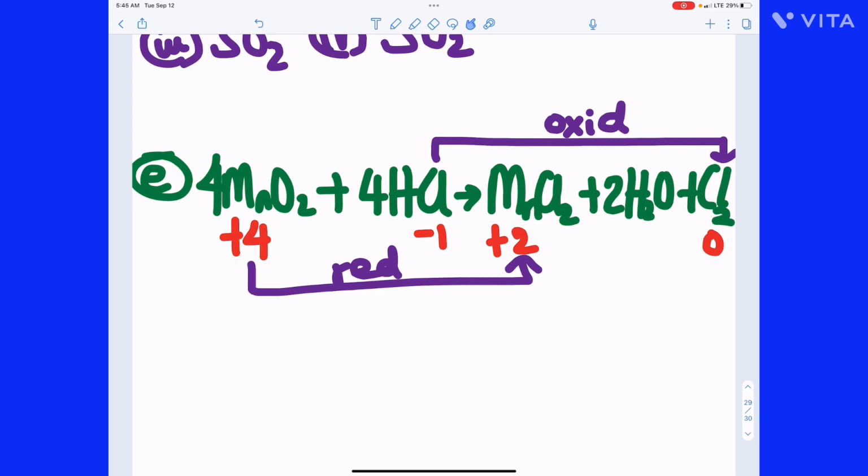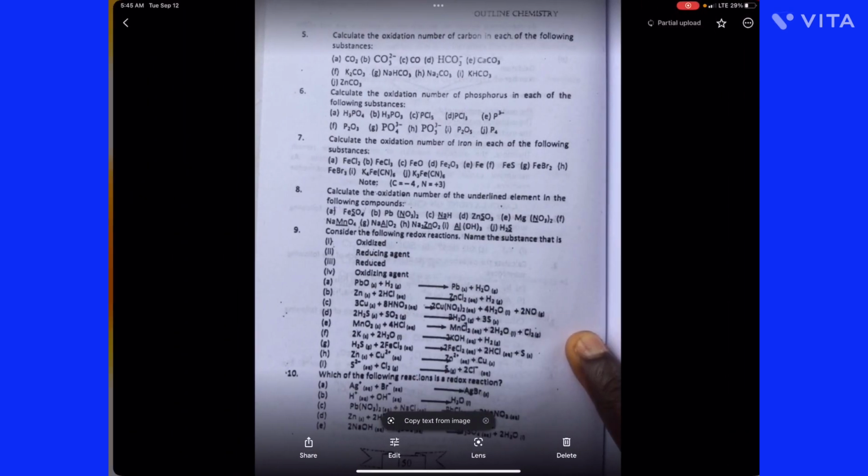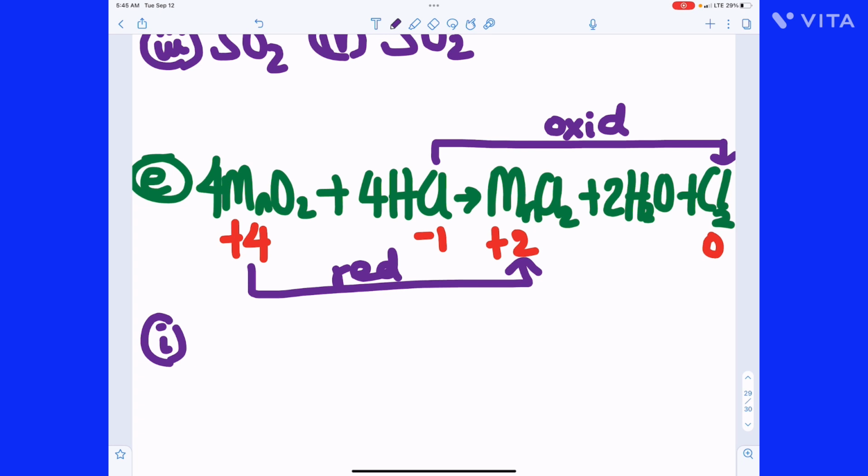So MnO2 goes to MnCl2. That's a reduction. The first question says that we should pick what substance is oxidized. In this reaction, what substance is oxidized?